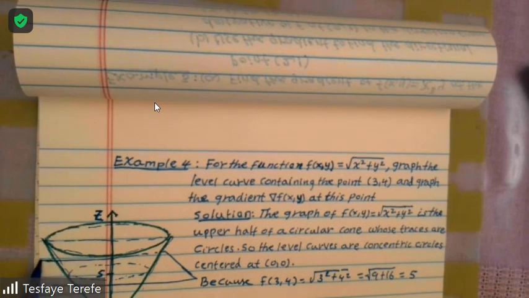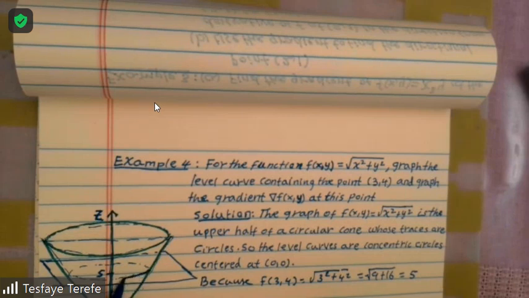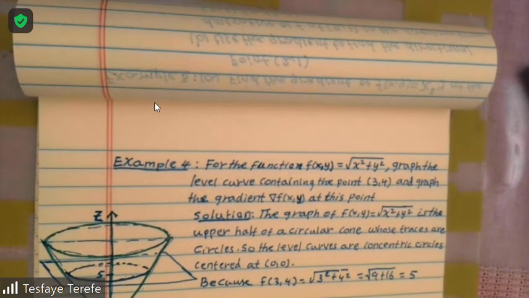When you draw that plane, it will intersect with the cone and will give us this circle. And if you project this one on the xy plane.